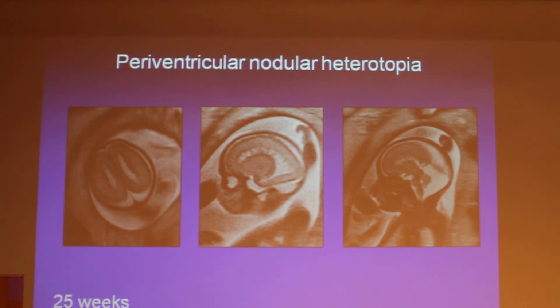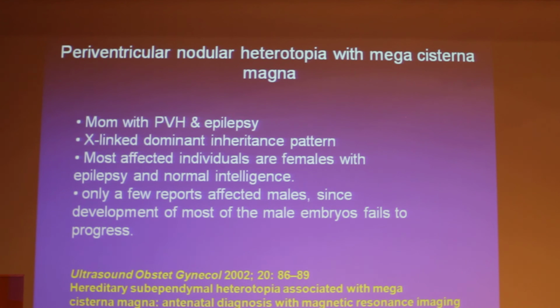The husband did not know she had epilepsy. And I said, please read to me, they're living in another city up in the north, please read to me the MR. Lo and behold, on the MR, she has periventricular heterotopia, which is very typical. Whoever knows this syndrome, there's a hereditary subependymal heterotopia associated with megacisterna magna.